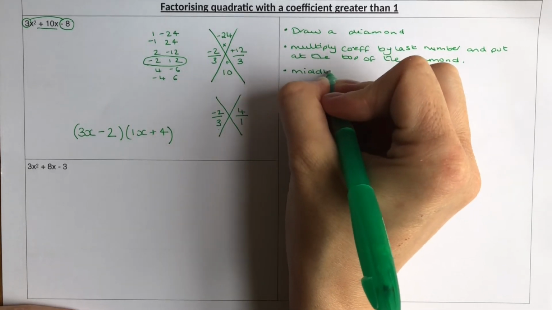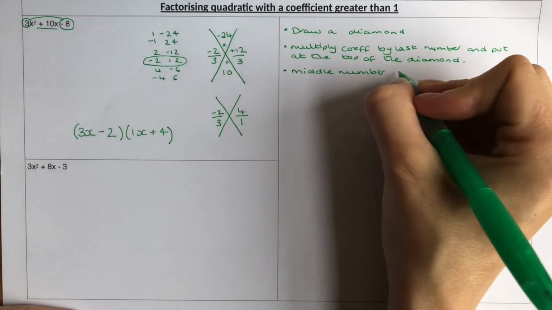Your middle number, the one in front of the x, goes at the bottom.